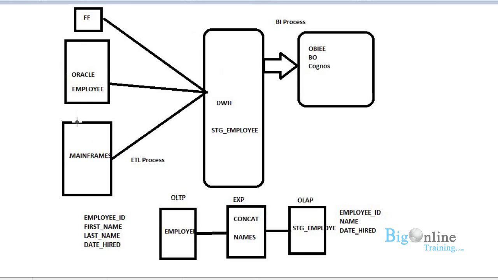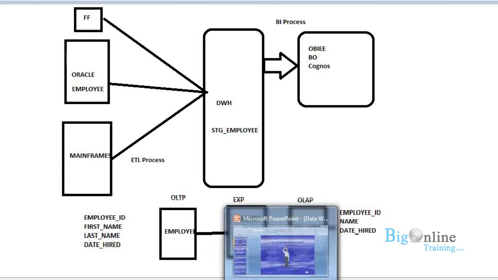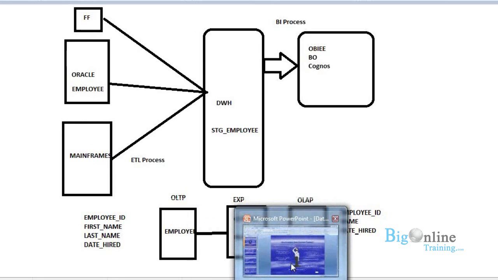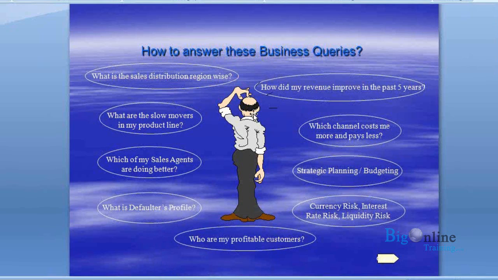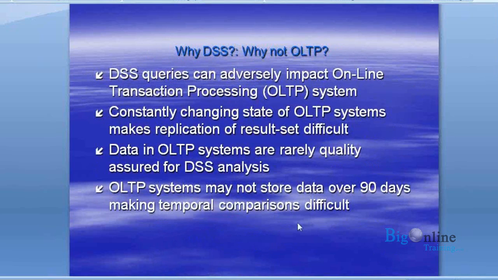Suppose a customer is booking an order on eBay and you are generating the reports on the same system. What happens? Your transaction might take a longer time. It will slow down the performance of the OLTP system. So that's why we don't use the OLTP transactional system for analysis purposes.